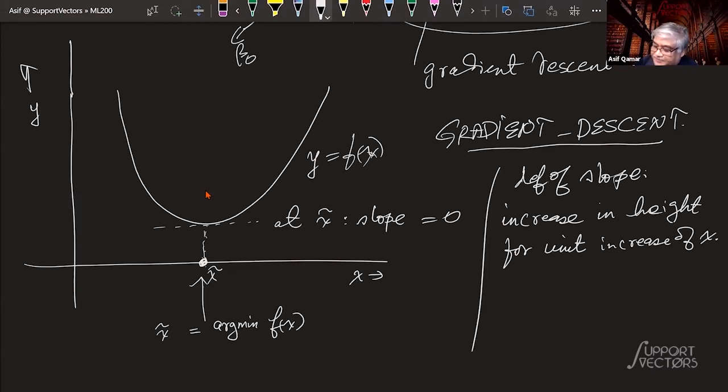Suppose I'm at this point A. If I make a small increase, delta x, this is the step forward, I would go from this point to this point B. Have I increased or decreased in height?